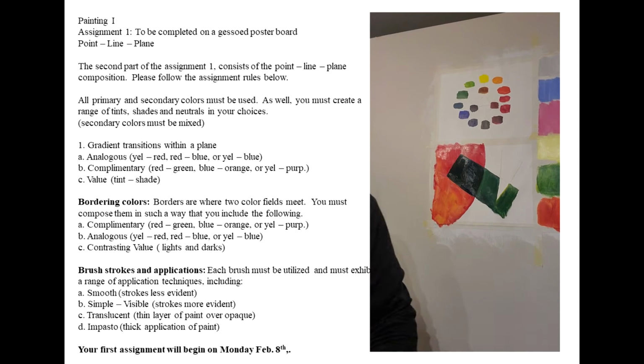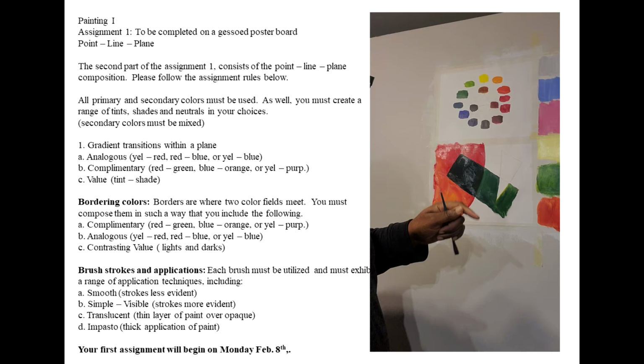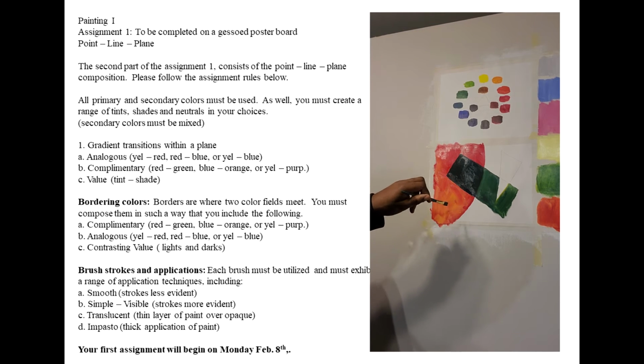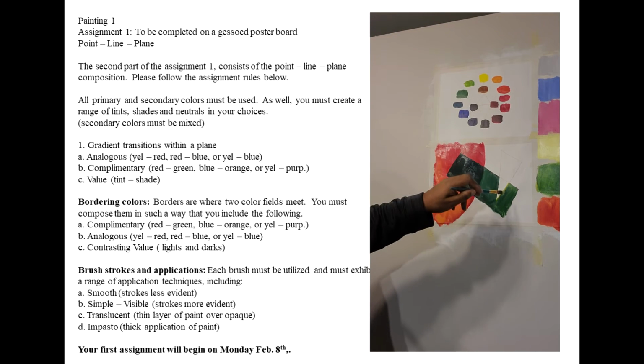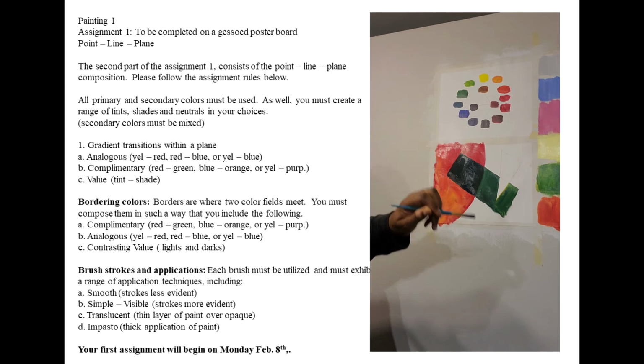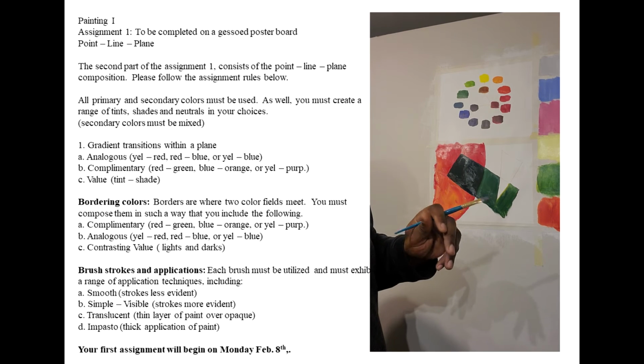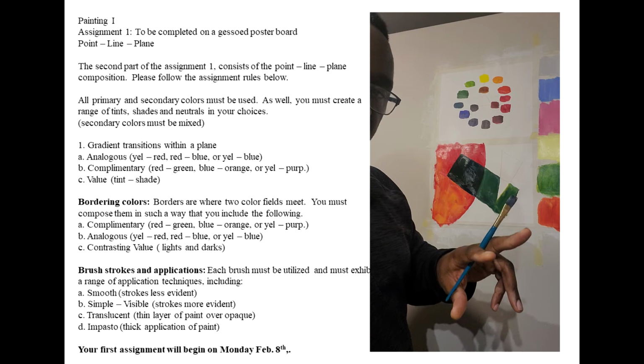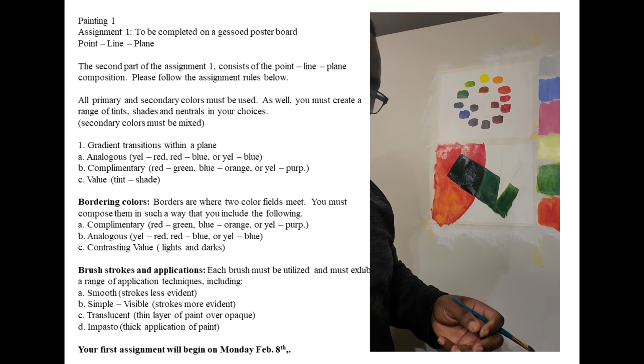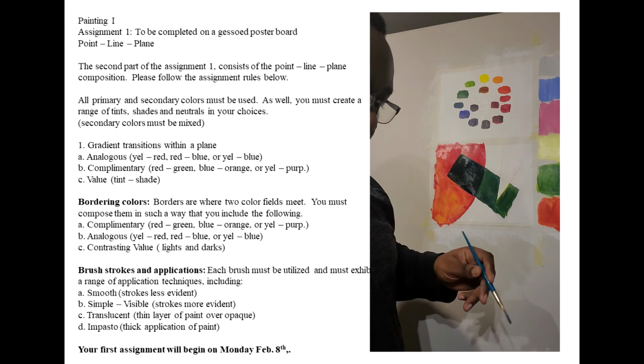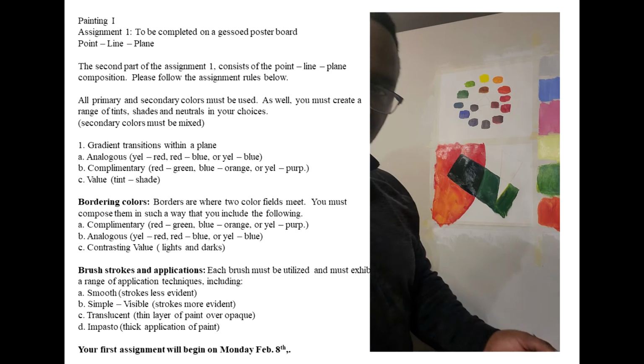So at this point, I now have an orange down at the bottom, a green, and a red. So I've already accomplished two of my secondary colors and one of my primary colors. I do need to create my other primaries, my other secondaries, and so on.